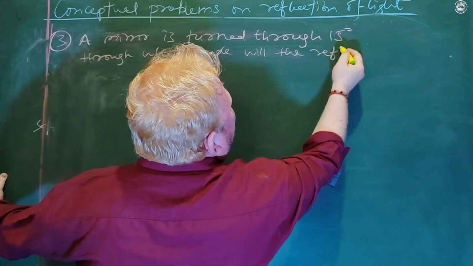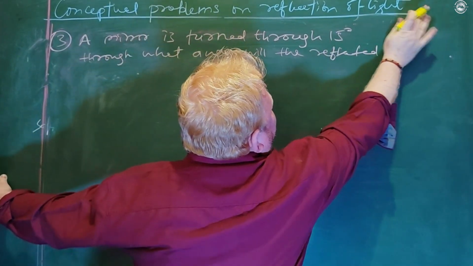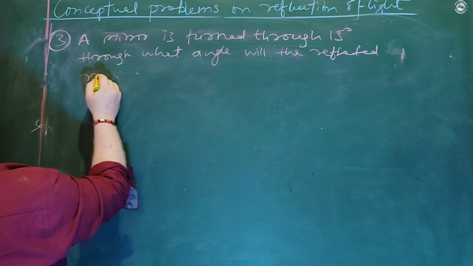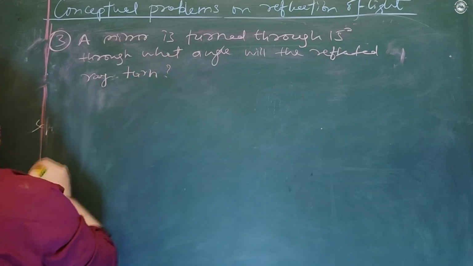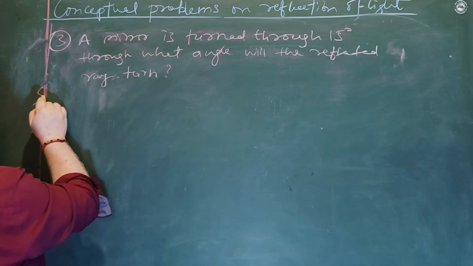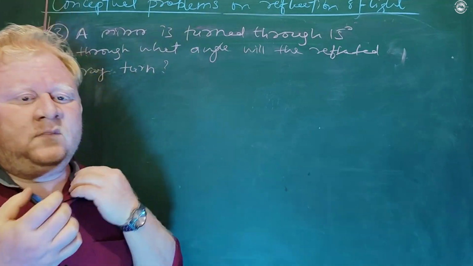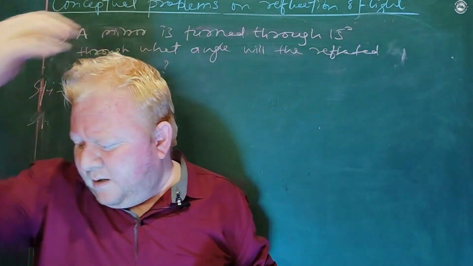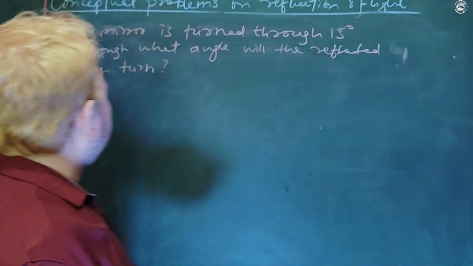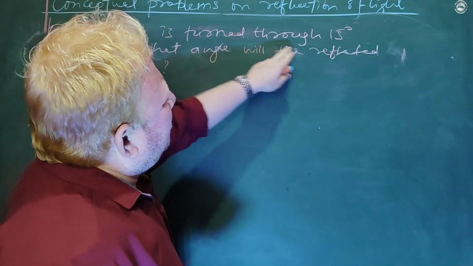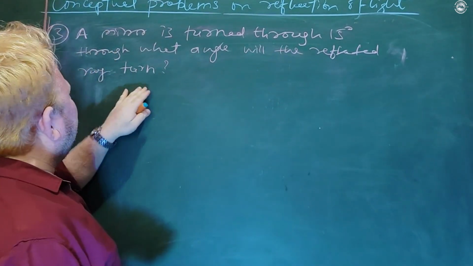A reflected ray turns through what angle? Did you understand the question? Hello. Well, the question is, a mirror is turned through 15 degrees, through what angle will the reflected ray turn?